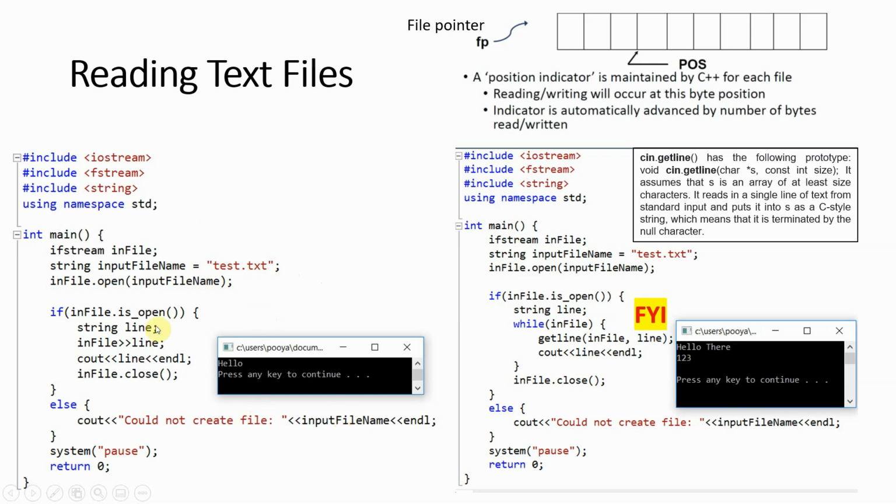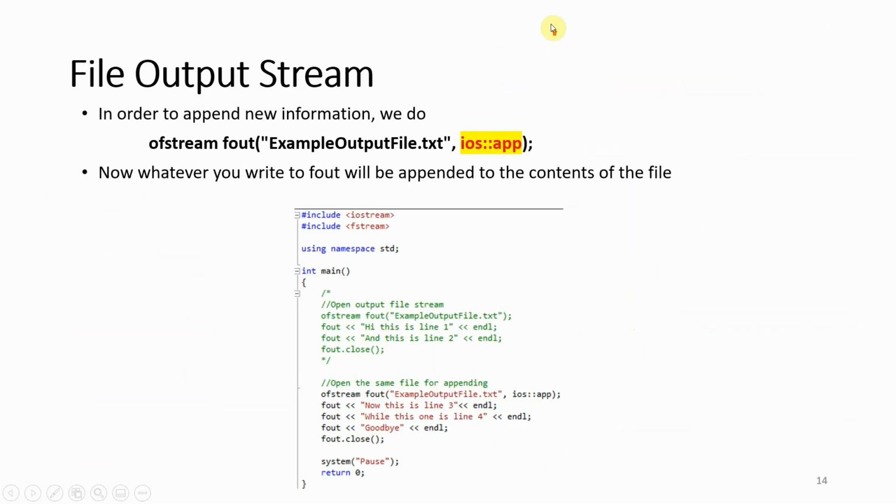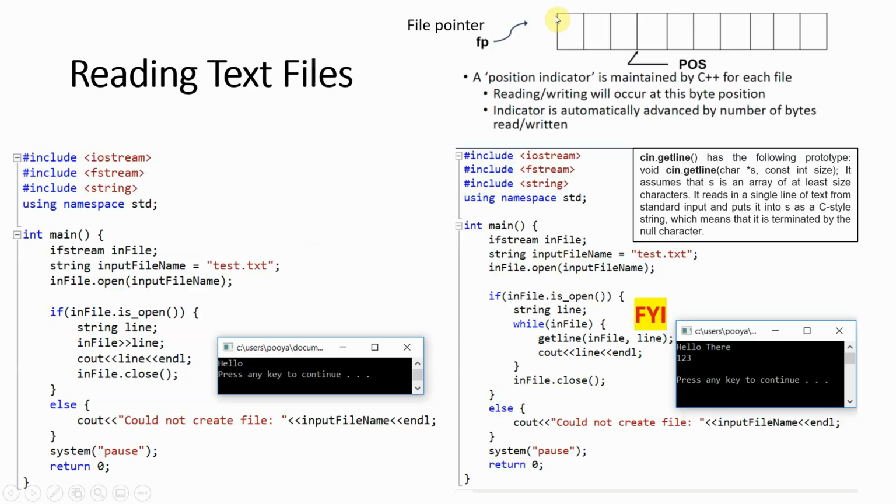Okay, and every time you read from a file, it just reads one string from the file. The compiler has something like a file pointer, and every time you read, that pointer moves to the next string to be read.